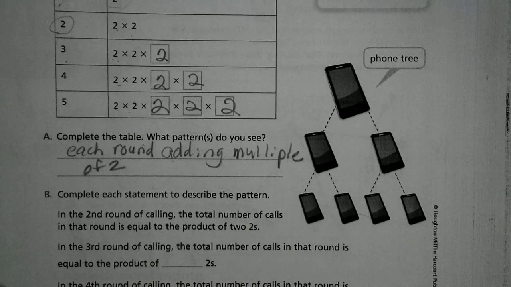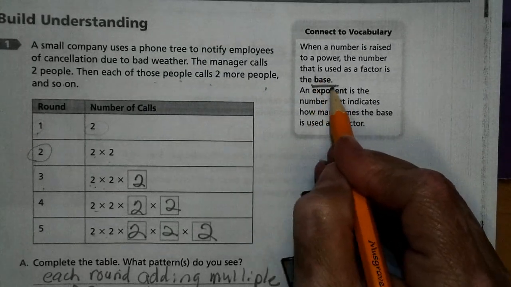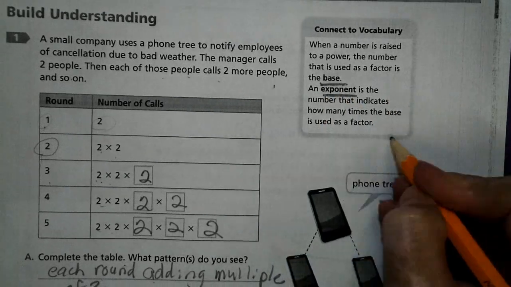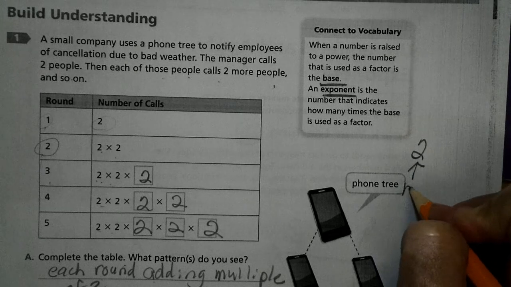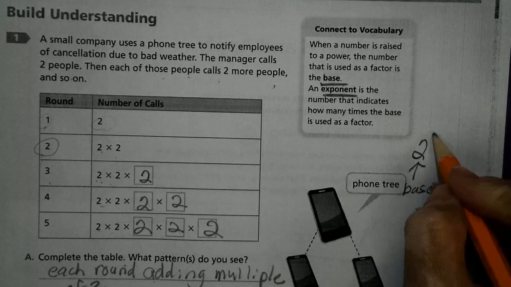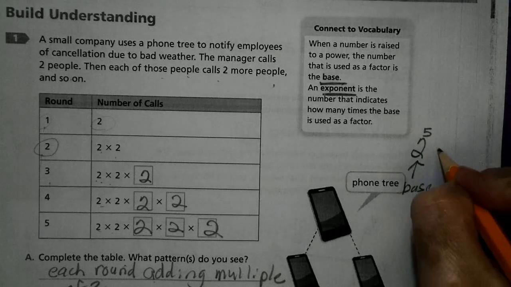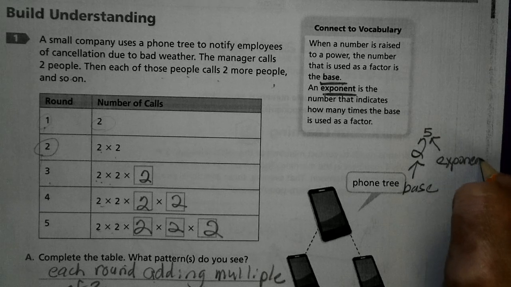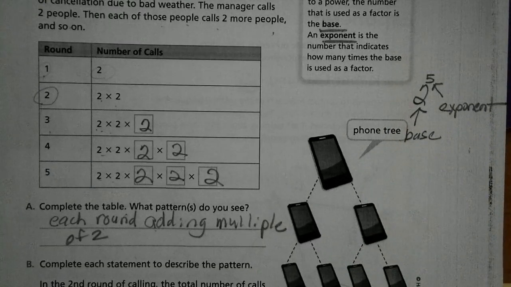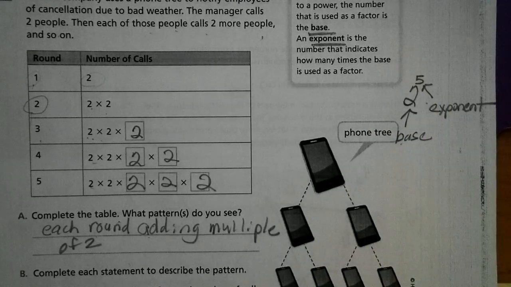Okay, so when we talk about exponents, the whole number is called the base, and the exponent is that little tiny number. So that's the base and the exponent.